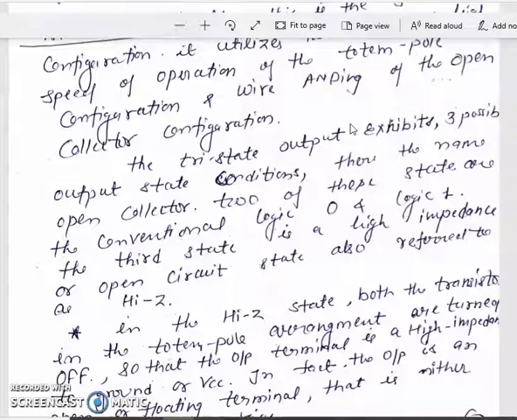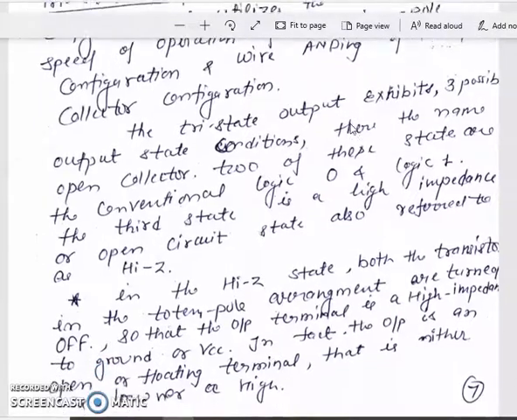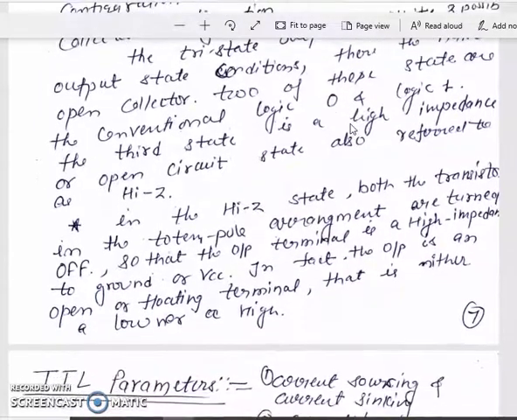In the high impedance state, both the transistors, that is Q3 and Q4 in the totem pole arrangement, are turned off, so that the output terminal is a high impedance to ground or VCC. In fact, the output is an open or floating terminal. It means neither a low nor a high state. We can say it is the high impedance state.